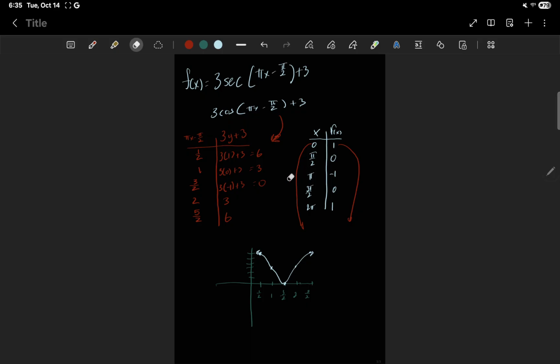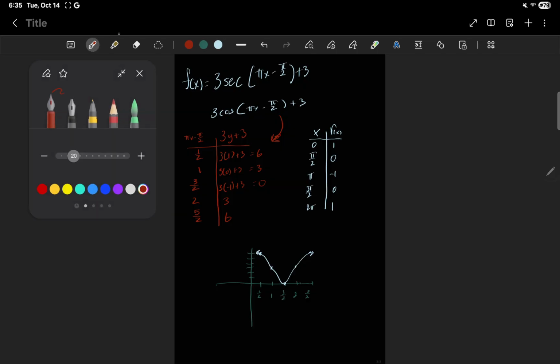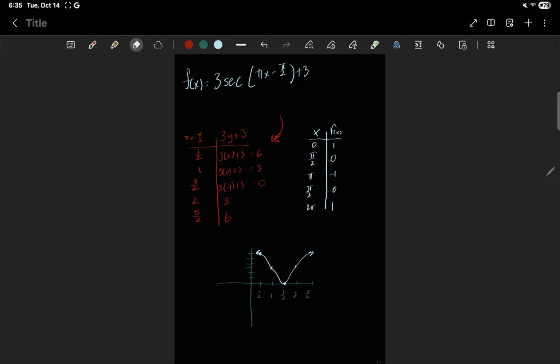Okay, so the table on the left is the 3 cosine pi x minus pi over 2 plus 3. And the table on the right was just f of x. Let me change the colors and write a little neater. This one was just f of x equals cosine of x.